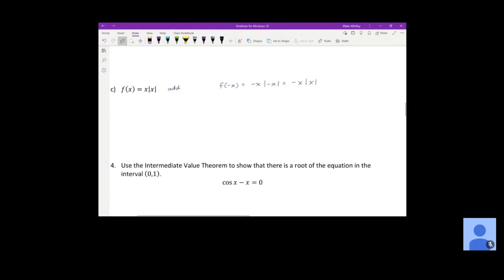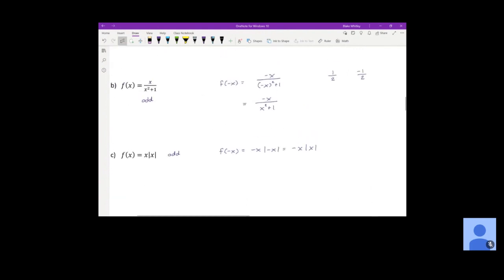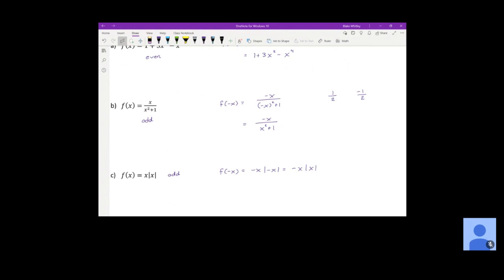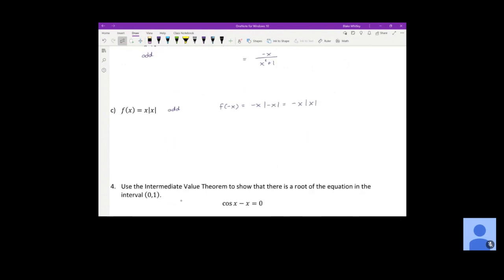A neither would just mean that you don't get either the same function you started with or the opposite. So just to give you an example, let's say you had a polynomial like x squared plus x minus 5. When I substitute in a negative x into that function, you would get negative x squared plus negative x minus 5.